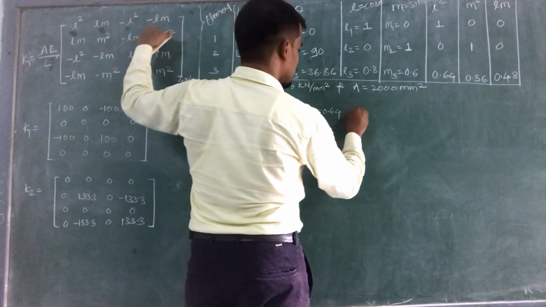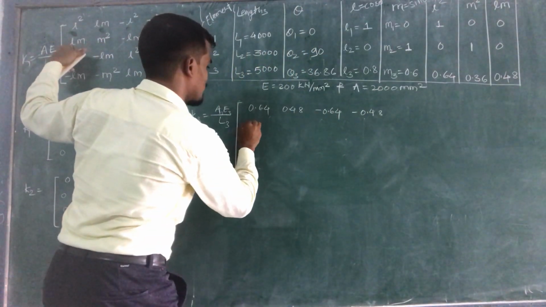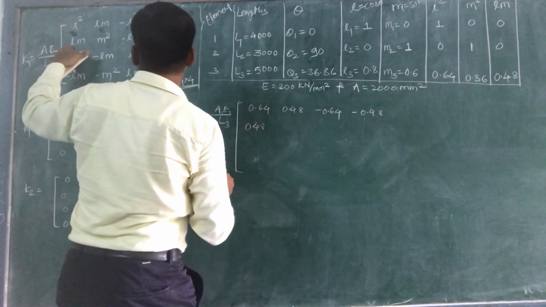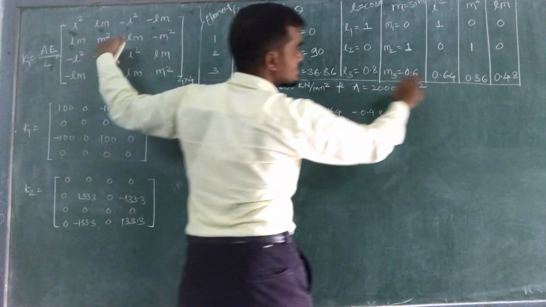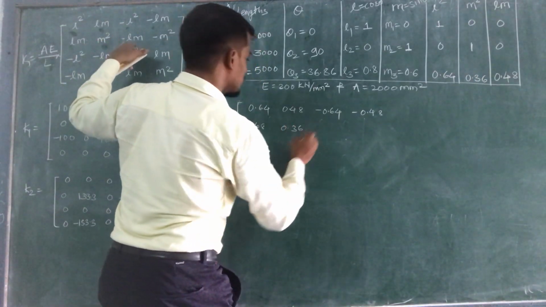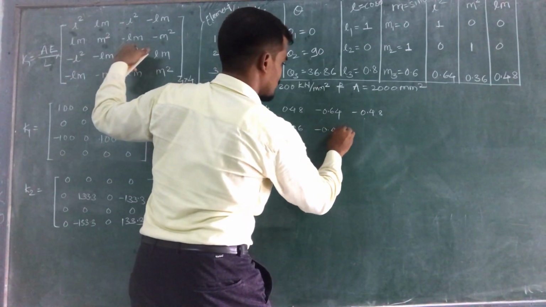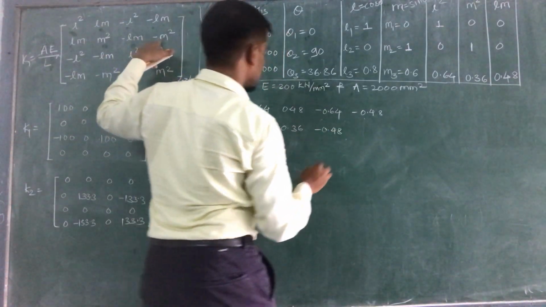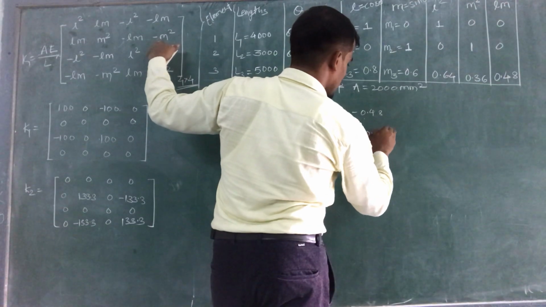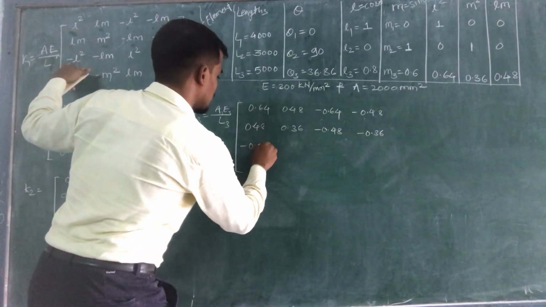Minus Lm is minus 0.40. Then Lm is 0.40. M square is 0.36. Then Lm is 0.40. But this is minus 0.40. And minus M square is minus 0.36.